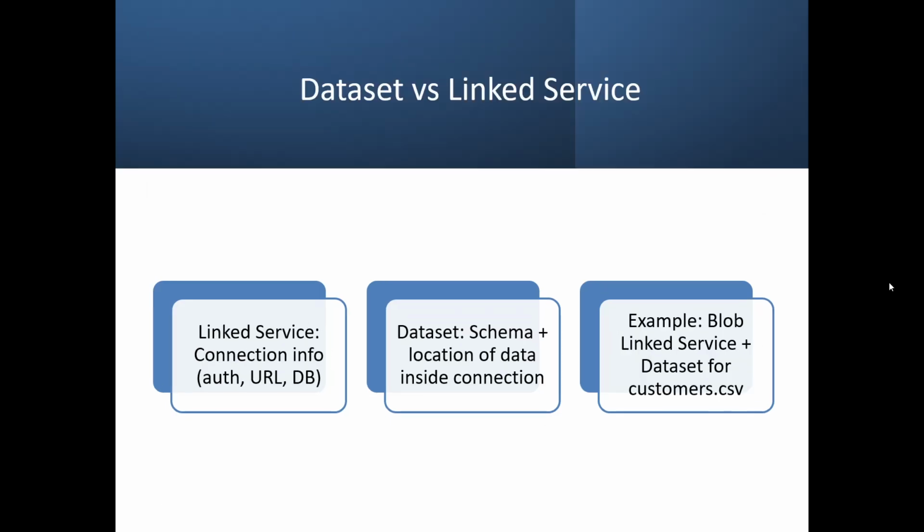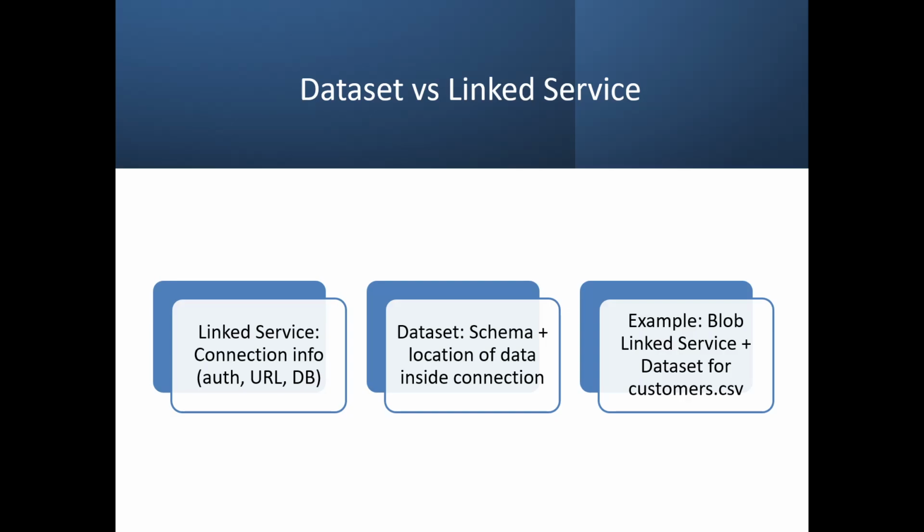So, what is the relationship between datasets and linked services? The purpose of a linked service is connection configuration or authorization, URL, DB names, etc. A dataset is data schema plus location within that connection.